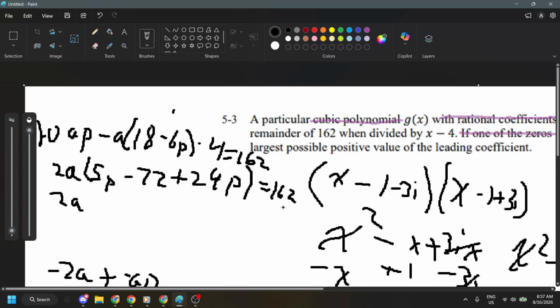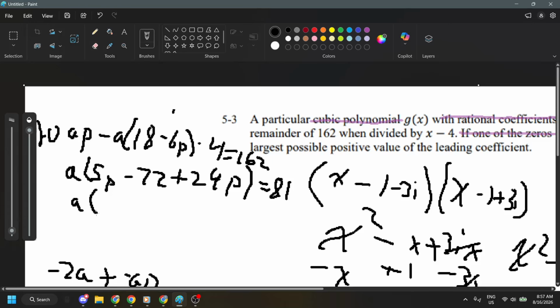A has to be a positive integer, and p also has to be a positive integer. So realistically, I could divide this by 2, and we get 162 divided by 2 is 81.